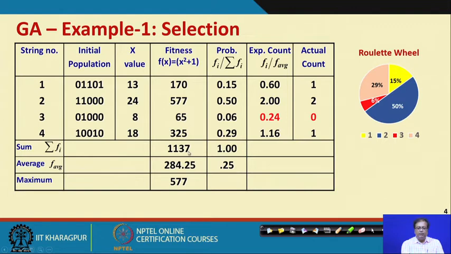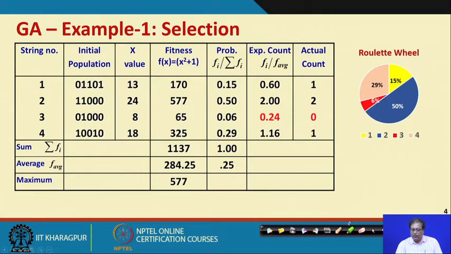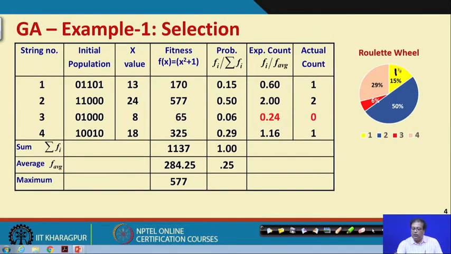So, 170 by 1137, that is 0.15, is allocated to string number 1. Like this we allocate all the strings, and this is our expected counts.